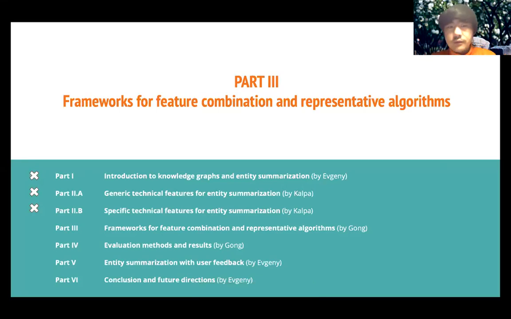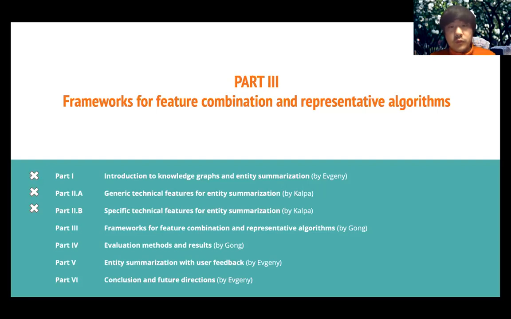Hi, this is Gong from Nanjing University, China. Kappa has introduced a lot of generic and specific technical features for entity summarization. Now I will show how to combine multiple features into a full entity summarization system, because for many applications a single feature does not work quite well, so we typically need to combine multiple features.